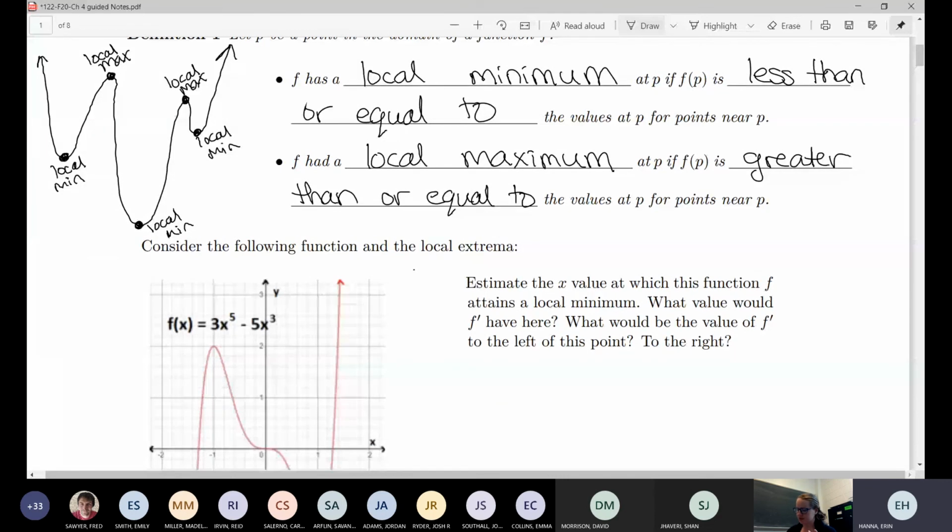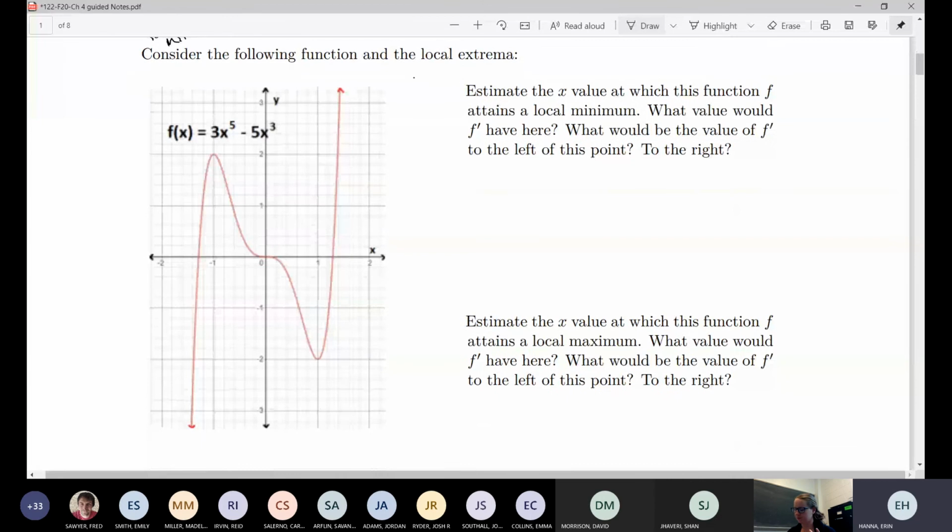So say we look at this function right here. Say we wanted to estimate the x value. I know the x values are kind of blurry. Essentially, every little squiggle you see is a 1, so it goes up by 1 each time. So estimate the x value at which a function attains a local minimum.